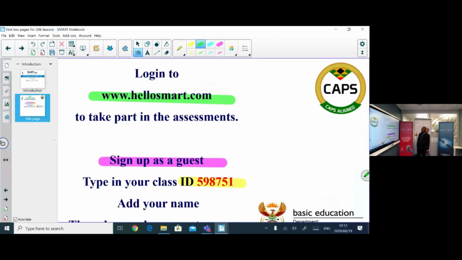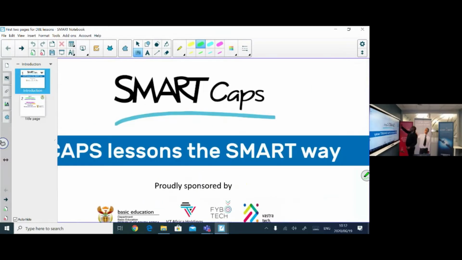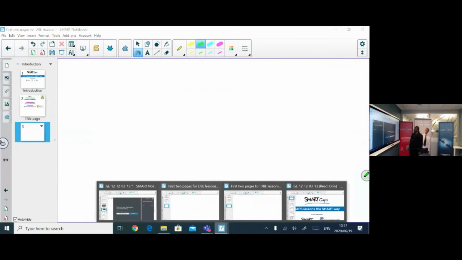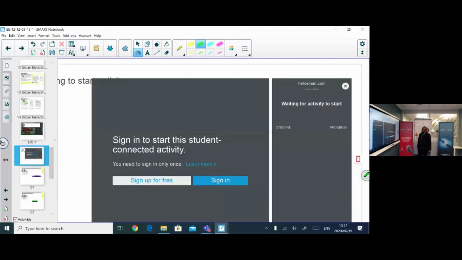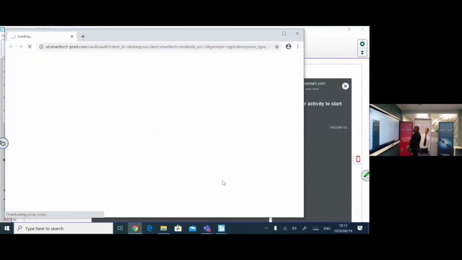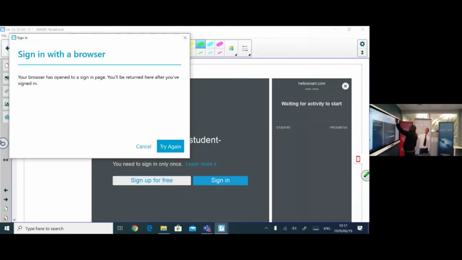So you need to log in to HelloSmart in order for you to start the activity. Unfortunately, we are having some challenges with our connectivity here.